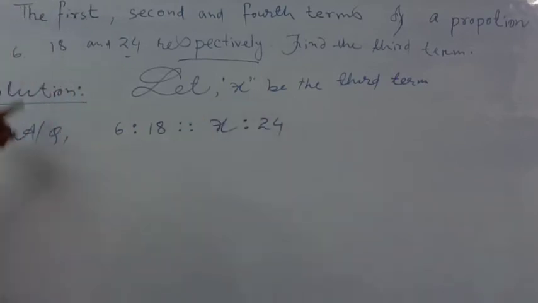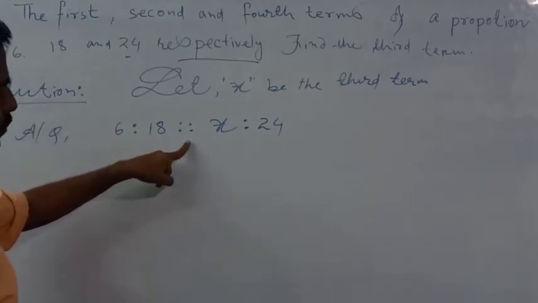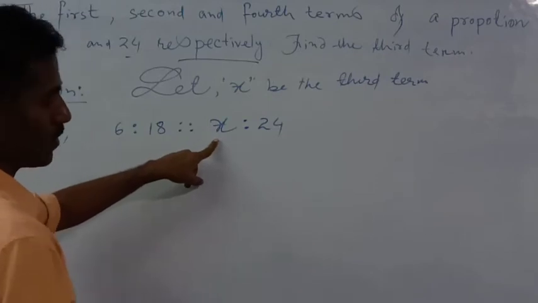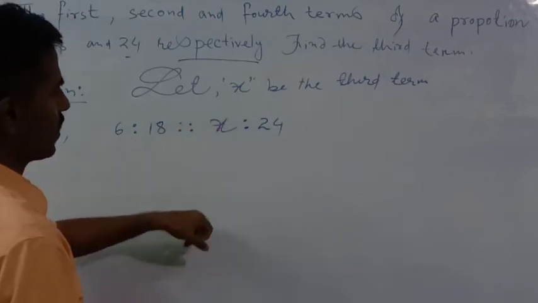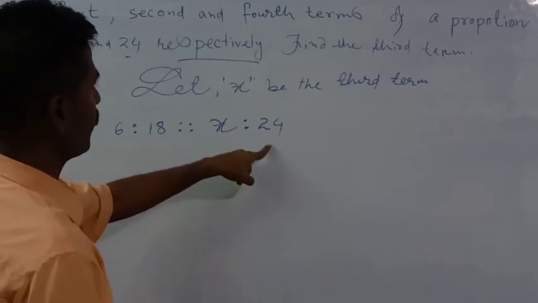This is the first term, so the first term is to the second term as the third term. It was not given in the question, but we have assumed that the third term is x, so in place of the third term we'll write x, is to the fourth term, which is given here.